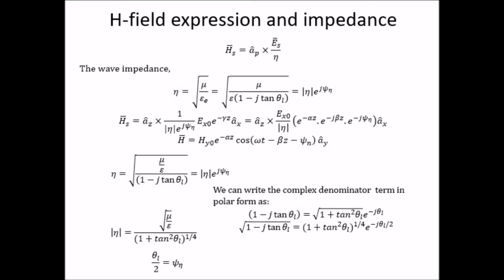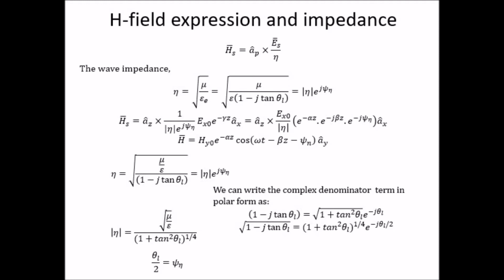Once you get the electric field expression, you can find the magnetic field expression by using Maxwell's equation, or you can use the transverse electromagnetic wave formula.